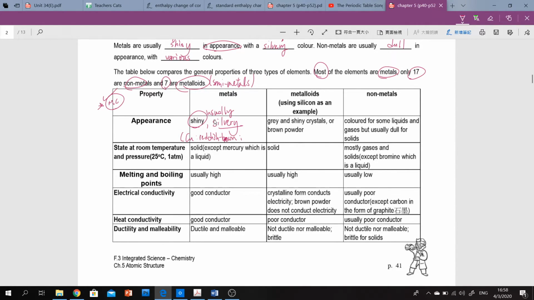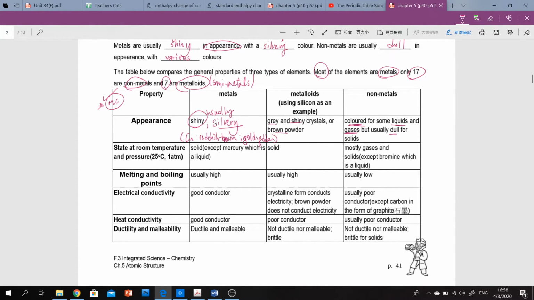Gold is golden. How about metalloids? Metalloids are gray and shiny crystals or some brown powder, while non-metals are mainly colored, some liquids, and gases, but usually solid.